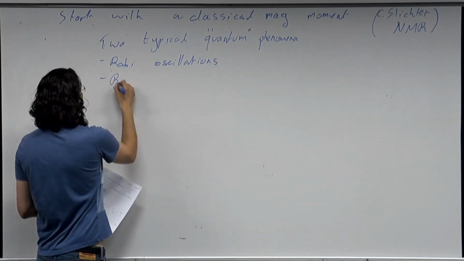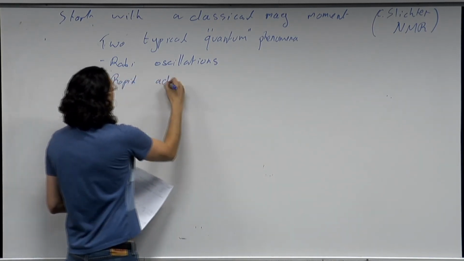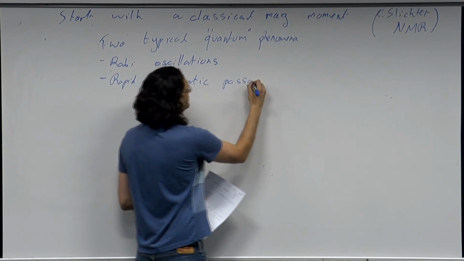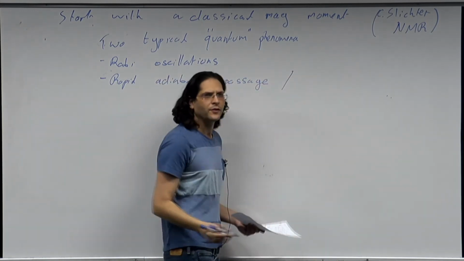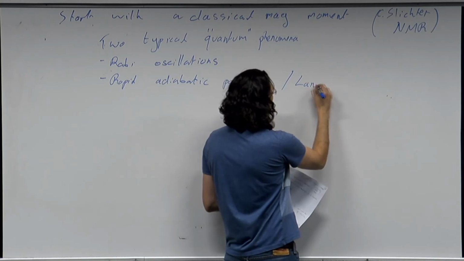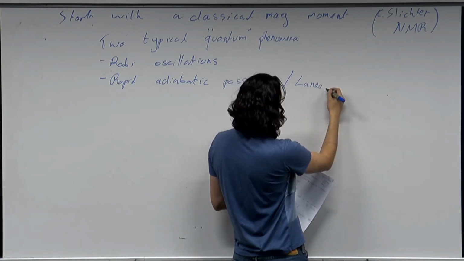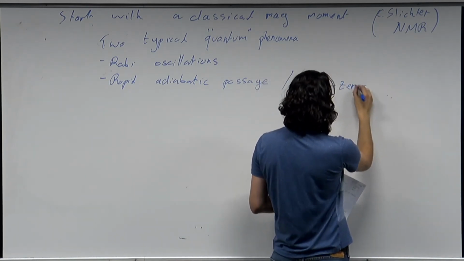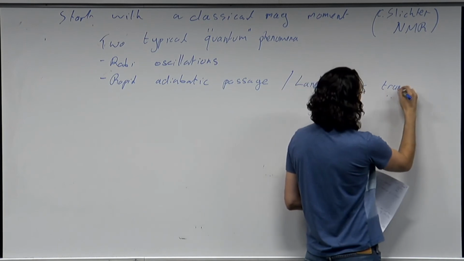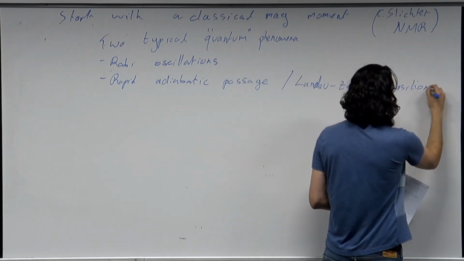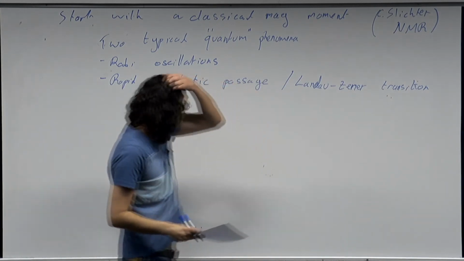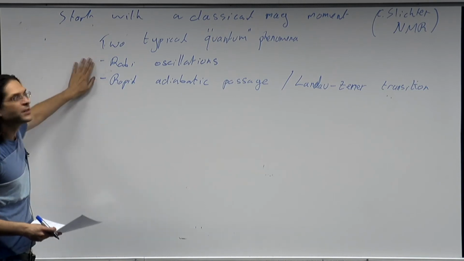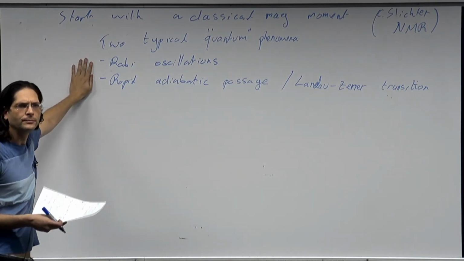And the second, something called rapid adiabatic passage, where in the quantum version, some of you may know this as Landau-Zener transitions. Okay, so we're going to see how these two arise in their classical version.